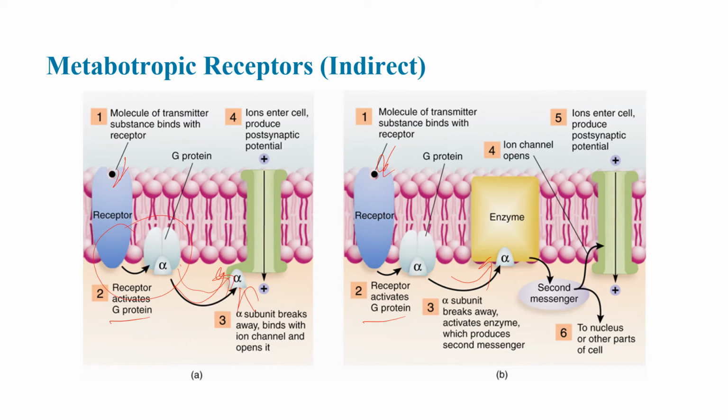This secondary messenger can then open up the ion channel, as you see here, or it can go to the nucleus and other parts of the cell and actually cause other things to occur in the cell. It can cause the neuron to change, where maybe it increases neurotransmitter production, maybe it decreases it.